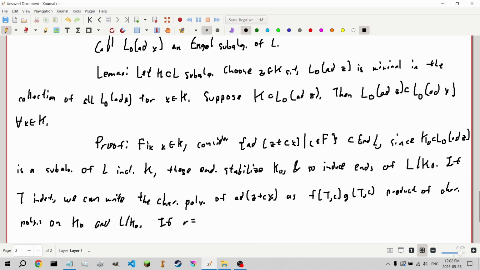If R is the dimension of K0 and N is the dimension of L, we can write f of T, C as the sum from 0 to R of f_i of C, with f_0 being 1, times T to the R minus i.